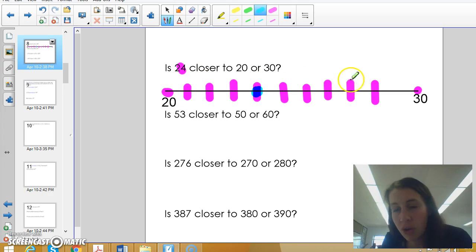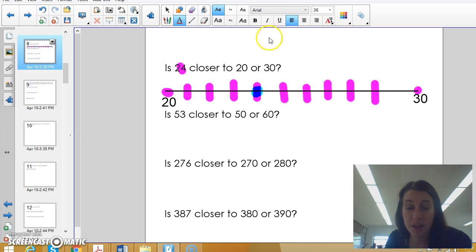Or are we going to go all the way to 30 for gas? What are you thinking? Pause the video and write your answer down on the W portion of your sheet. I'm thinking, guys and girls, it would be the smartest choice if we ran out of gas to round 24 to 20 and get our gas quicker. We might not make it all the way to 30.